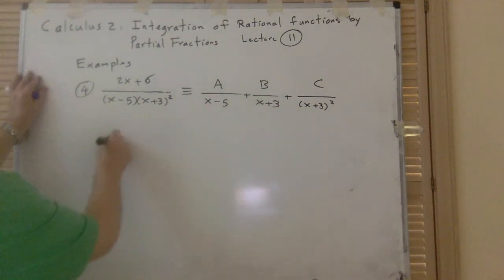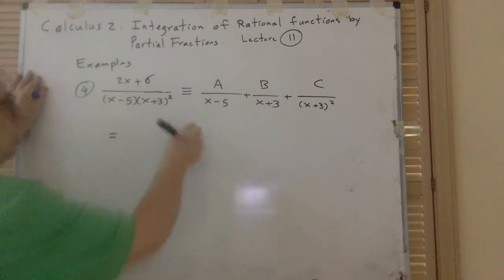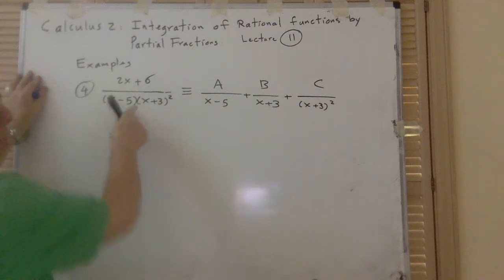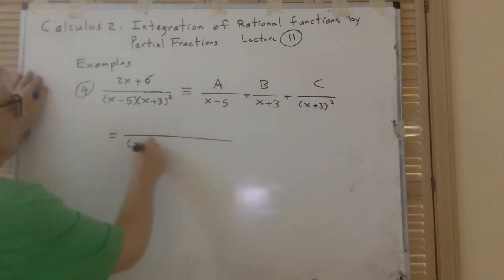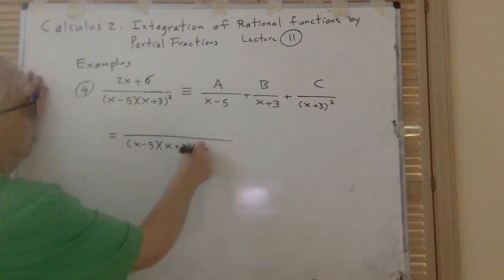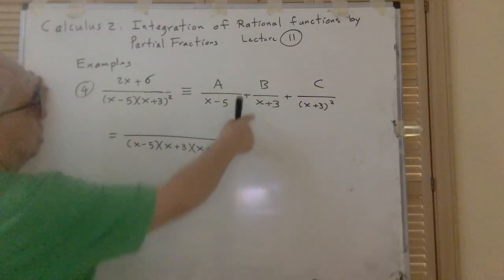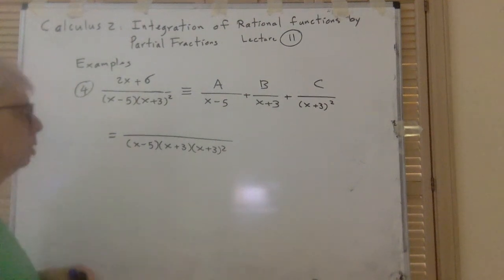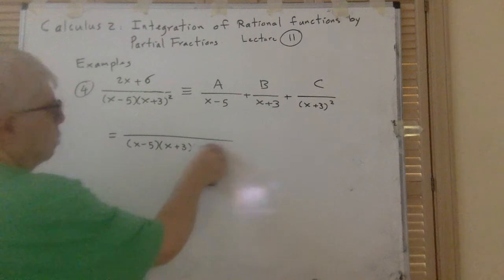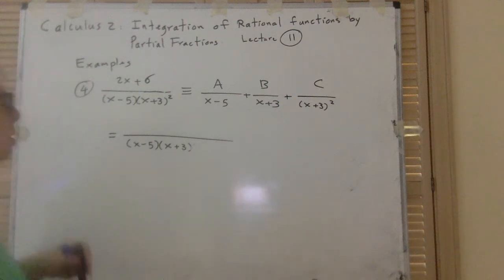So let's put that together, and remember, when you write this, the denominator is exactly this. So be careful. Sometimes students, when they put them together, multiply everything, and the denominator will be x plus 3 to the power 3. No, it's not. That's what you shouldn't do. You shouldn't write it like that.